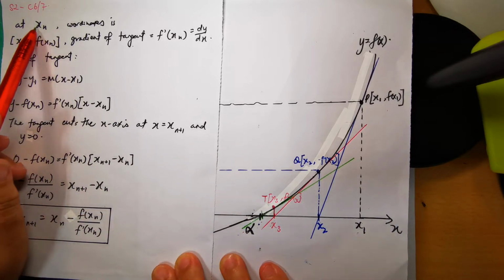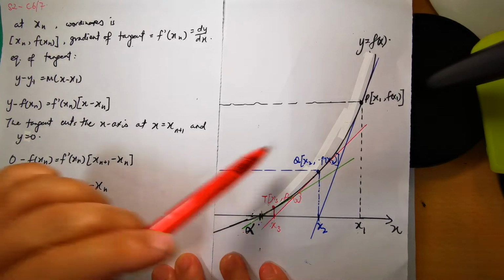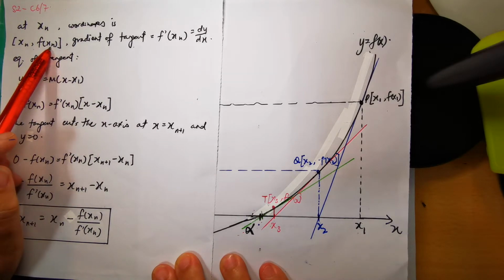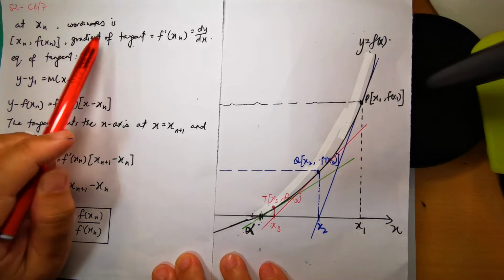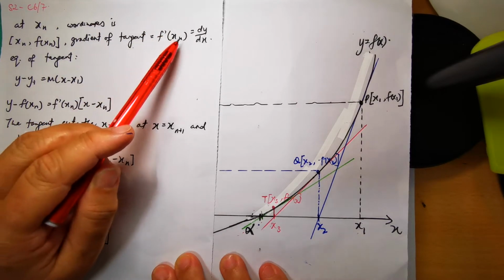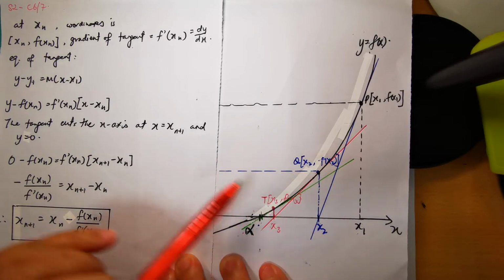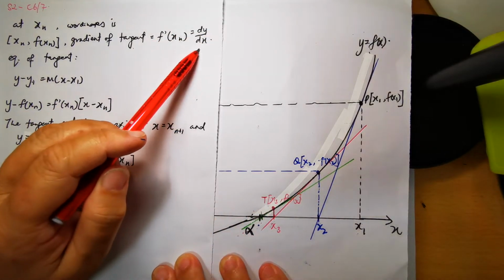So at any point in here, xn, let's say, the coordinate is xn, f(xn), and we know that the gradient of the tangent is f prime xn. To calculate the gradient of the tangent of all these three tangents, we differentiate the function, dy/dx.